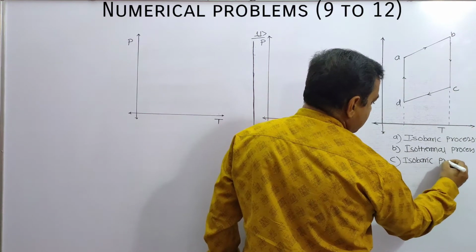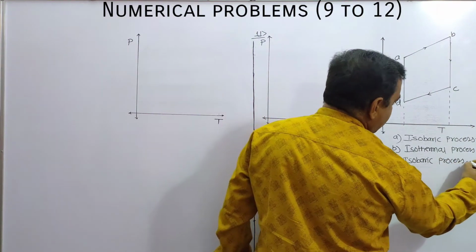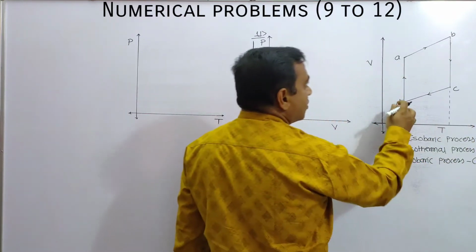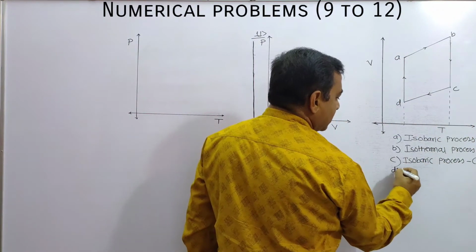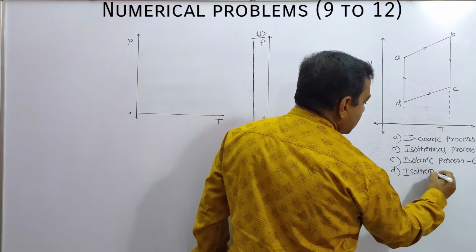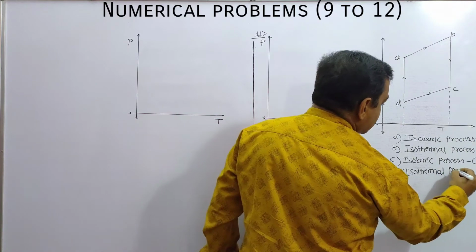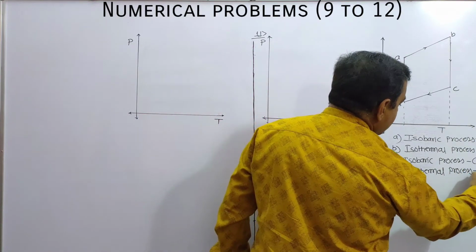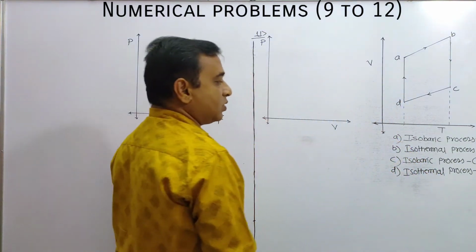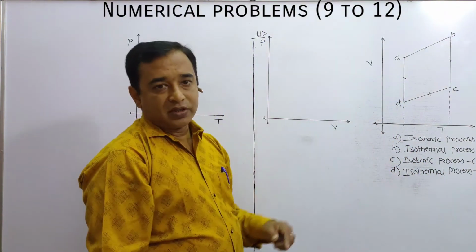And what about DA? Once again, we have an isothermal process, D to A. So these are the four processes shown in this diagram.